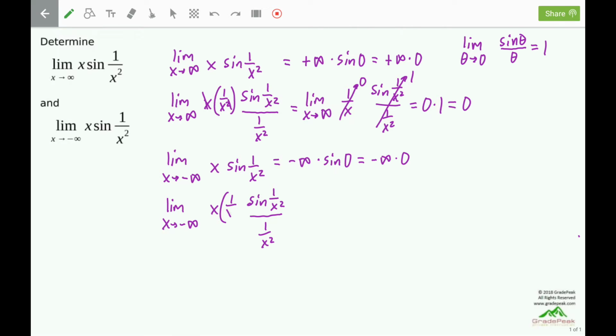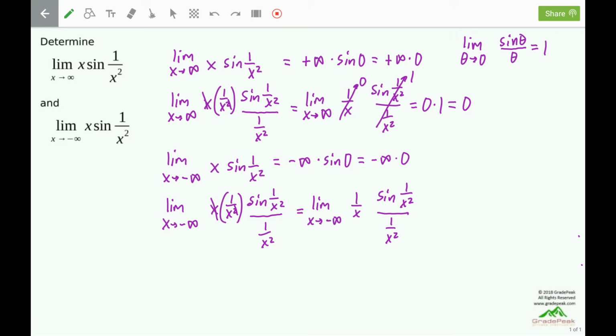We can compensate by multiplying by 1 over x squared in the numerator. One of the x's again can cancel, leaving a 1 over x times the sine of 1 over x squared over 1 over x squared.